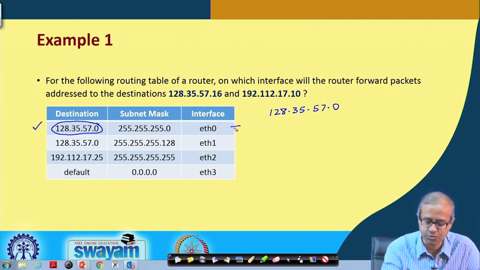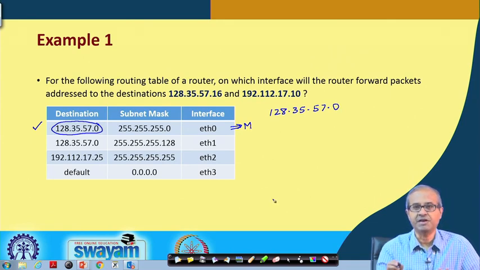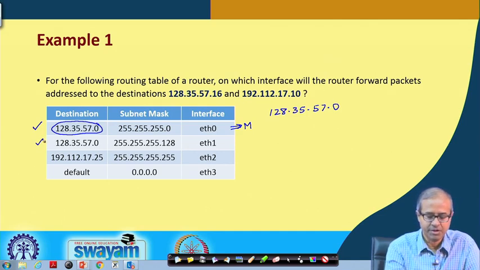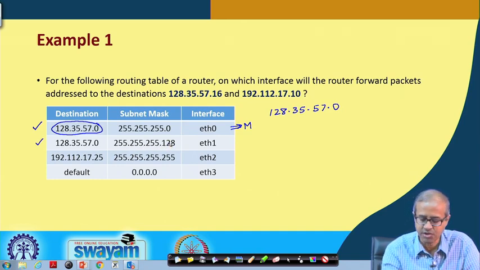So, in the first row you get a match, but in the routing table you do not stop here; you also check the other rows. I will tell you why. Now, you similarly go to the second row and do a similar check. You look at the subnet mask: the first 3 are all 255, and the last one is 128. This 128 means a single 1 in binary followed by 7 zeros.